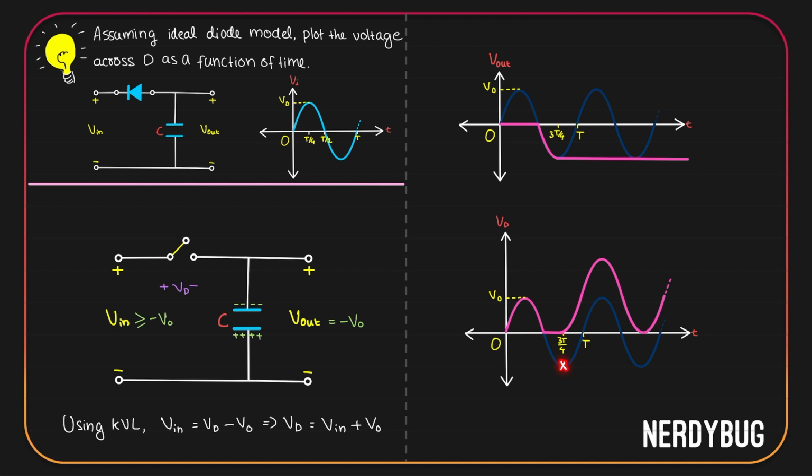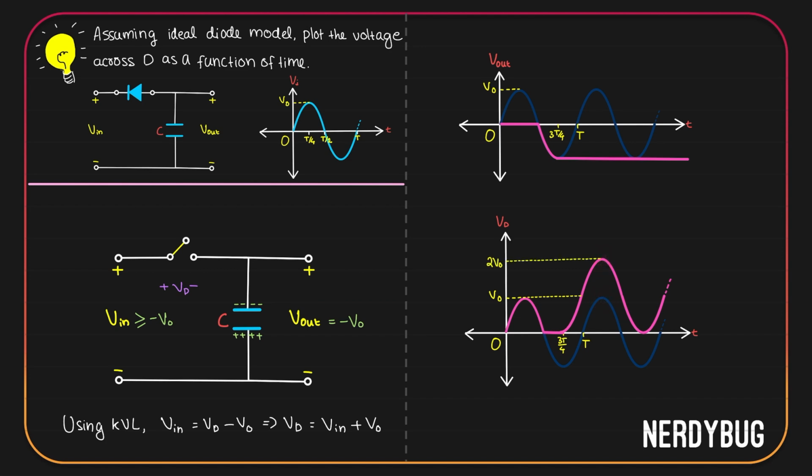When input is minus V naught, Vd is minus V naught plus V naught, that is 0. When input is 0, Vd is 0 plus V naught, that is plus V naught. When input is V naught, Vd will be V naught plus V naught, that is 2V naught.